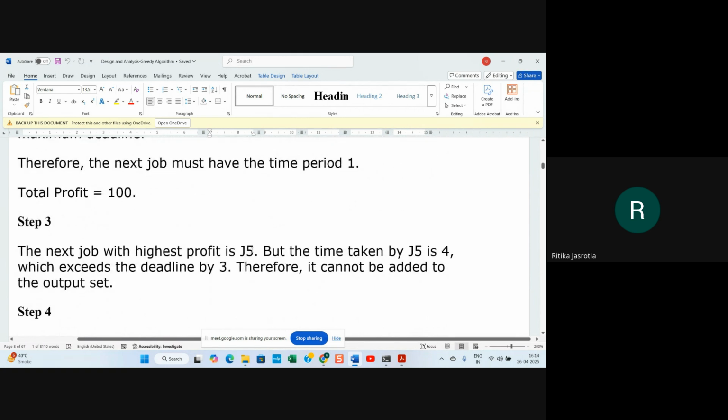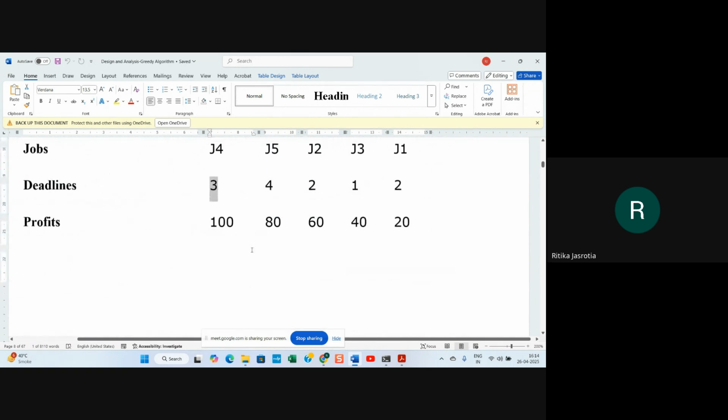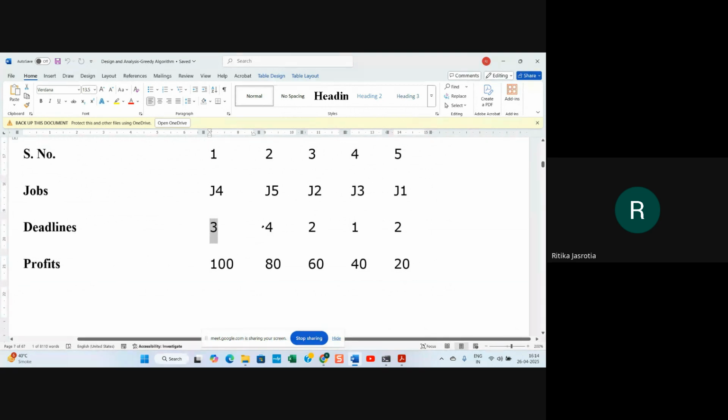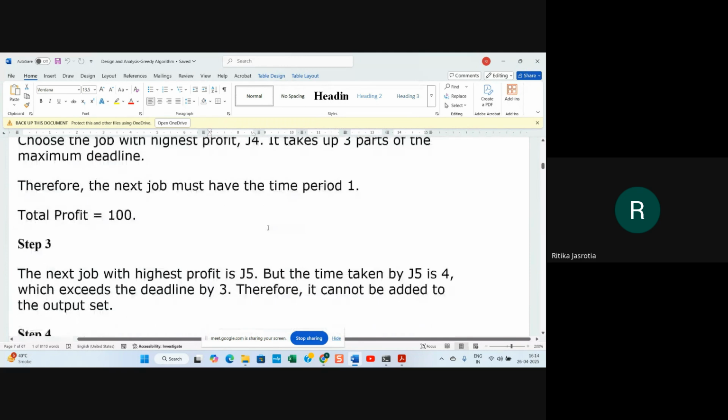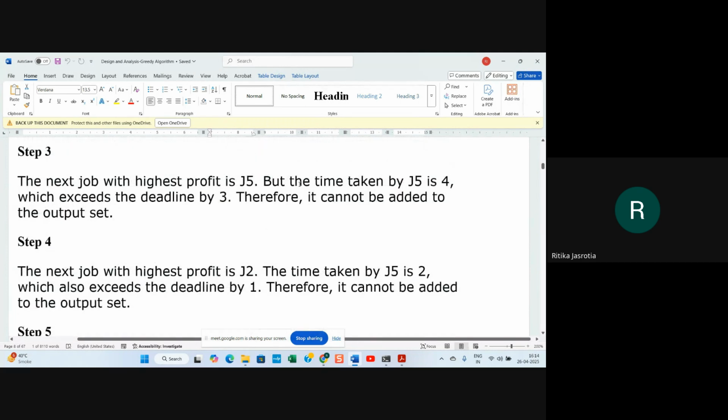The next job with the highest profit is J5, and it is taking 4 as the deadline. But the time taken by J5 is 4, which exceeds the deadline by 3. Therefore it cannot be added to the output set.